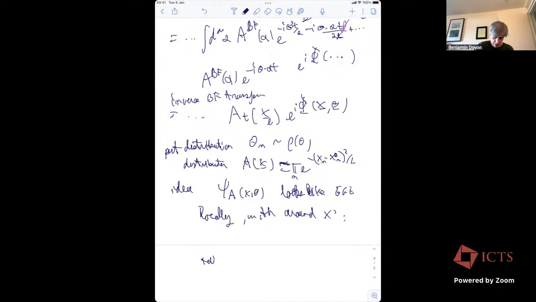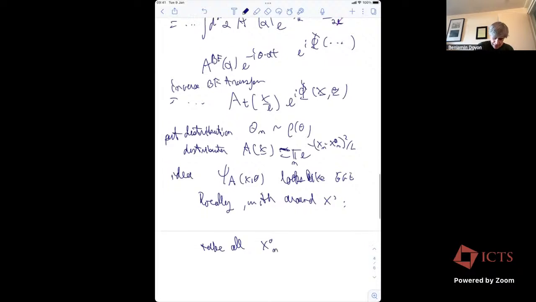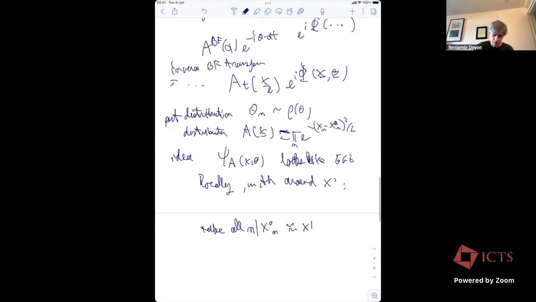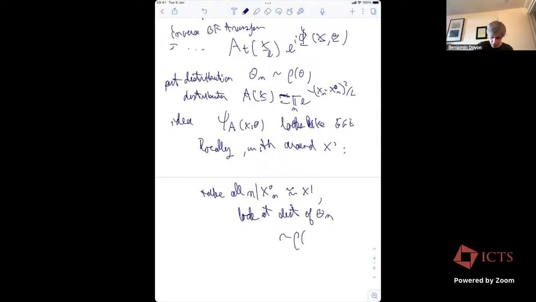Take all the x0 n such that x0 n is around x prime and look at the distribution of theta n. And that will be rho of theta, x prime. So there is this idea. I mean, it's very far from proof. One can try to do a bit more argument, but the basic idea is like that.